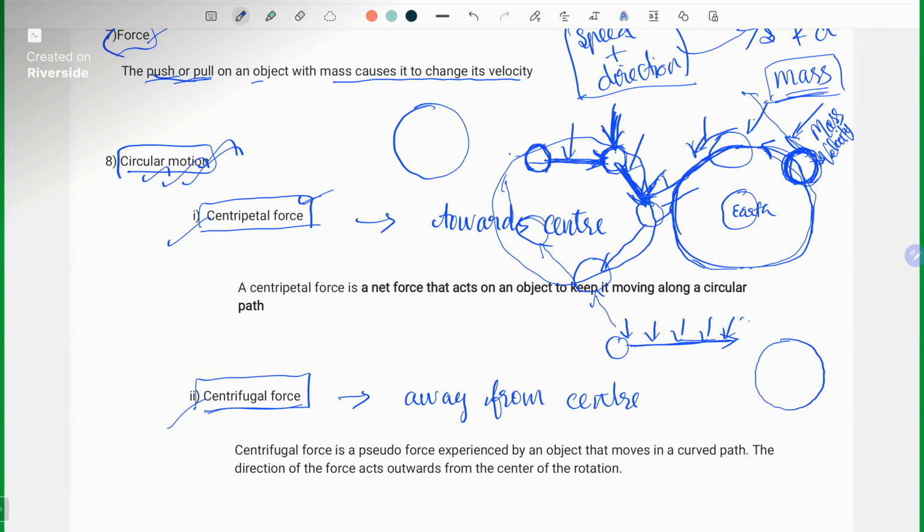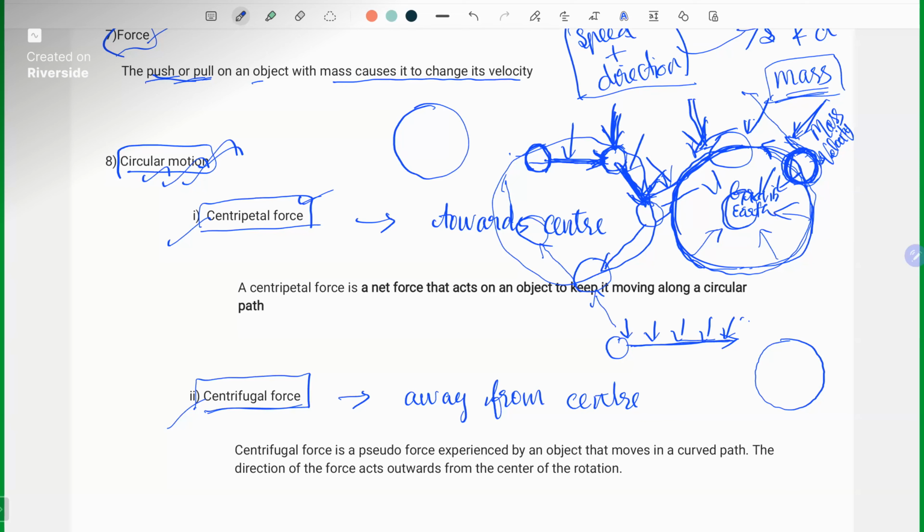Here this force is not external. It is not coming from this side. Earth's gravity is pulling it. So the constant pull of Earth's gravity will be the perpendicular force acting on the moon. And the moon, which has its own mass and velocity, will just curve its path and go around the Earth, towards the center where the force is getting applied.